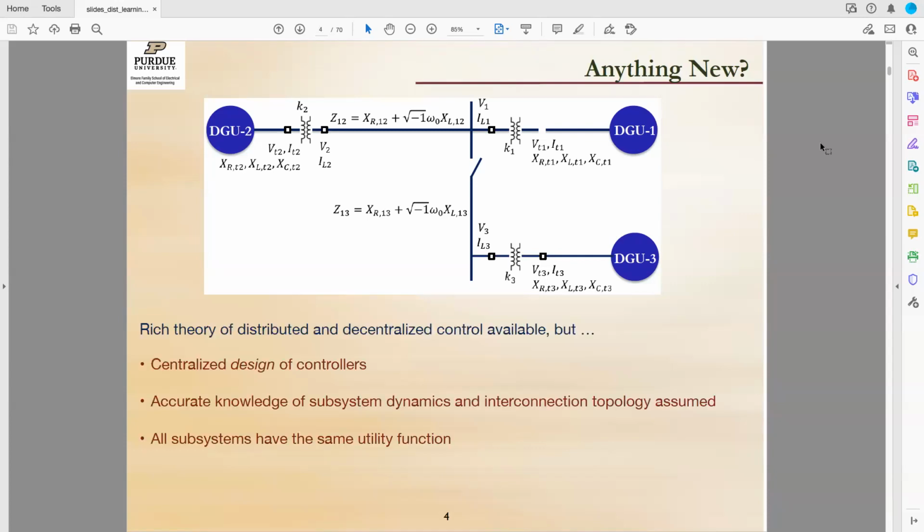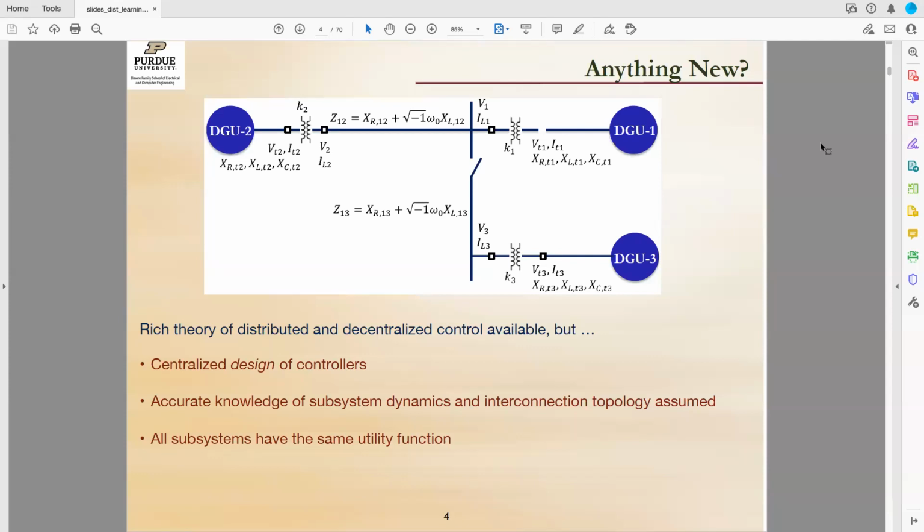So if we appeal to the distributed and decentralized control theory that I talked about, it falls short here. For one, that theory talks a lot about distributed implementation of controllers, where calculating the control input needs information only from my local neighbors, but it does not talk about distributed design of controllers.